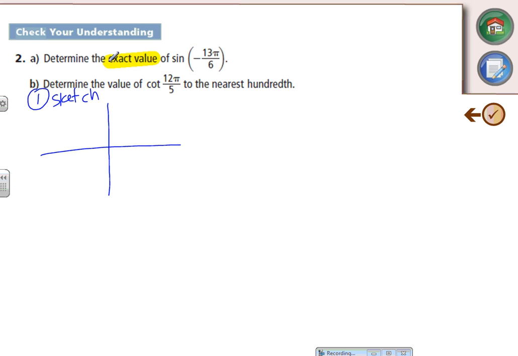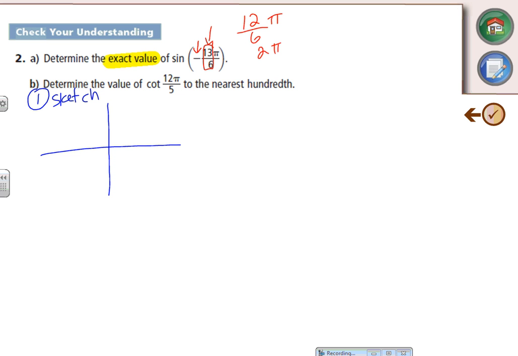Well, we're going in a negative direction, and I've got a fraction here, 13 over 6. Well, which is the closest multiple of 6? That's what you ask yourself, first of all. Well, the closest multiple of 6 is 12/6. Throw in the pi. 12/6 is actually 2 pi.